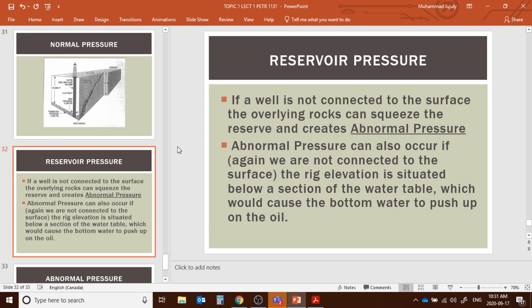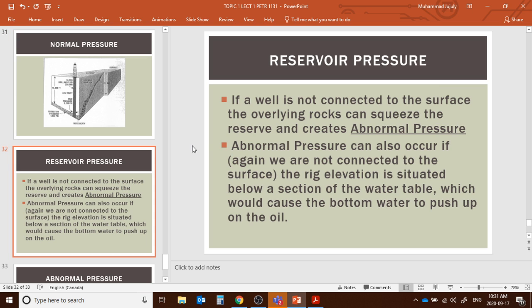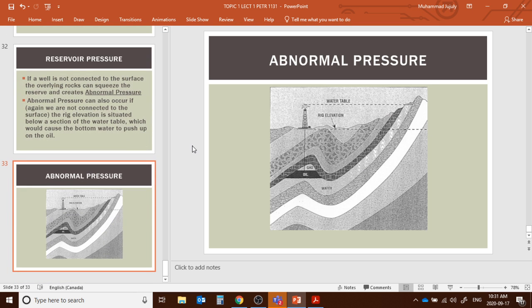Okay, so if the oil is not connected to the surface, the overlying rocks can squeeze the reservoir and create abnormal pressure. How? For instance, these rocks can choke, and that could create the abnormal pressure. The abnormal pressure can also occur if the rig elevation is situated below a section of the water table, which could cause the bottom water to push up the oil. How? For instance, here is the rig, here is the oil, and the water table is in here.